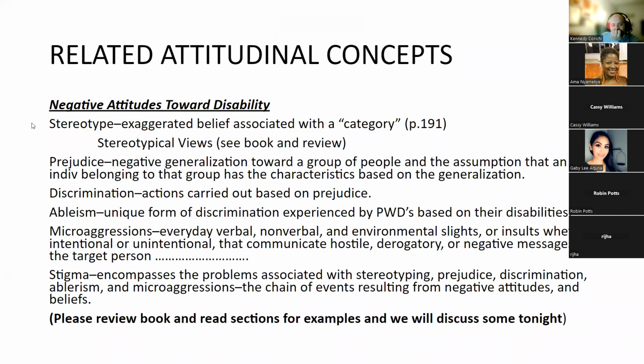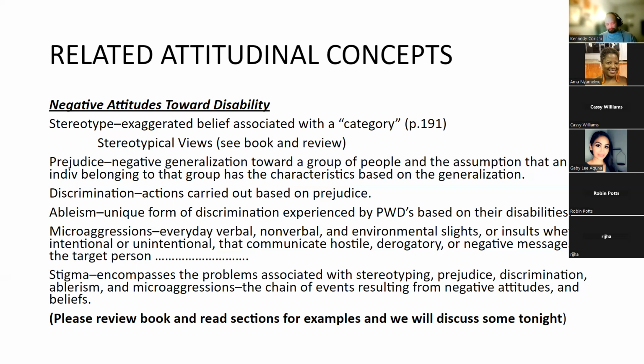These are negative attitudes towards disabilities. Stereotypes was one of the ones they talked about: exaggerated beliefs associated with the category. That was page 191, so you can refer back to that. Stereotypical views, see book and review. Prejudice, these are the terms that they gave that I guess we should know.